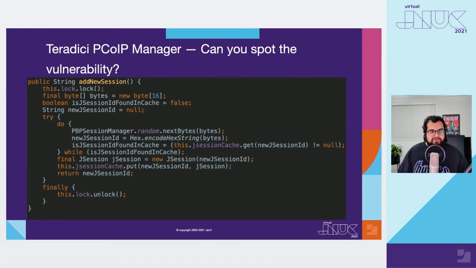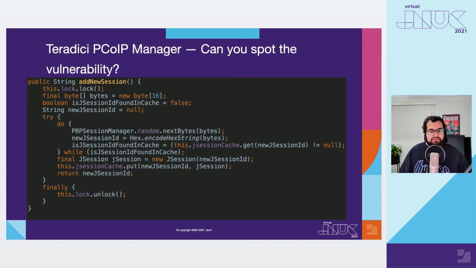This is a snippet of code from Teradici PCoIP Manager. One of the vulnerabilities identified after auditing this code was that the seed used for random was insecure. The random function, random.nextBytes, was insecure because the seed could ultimately be cracked.